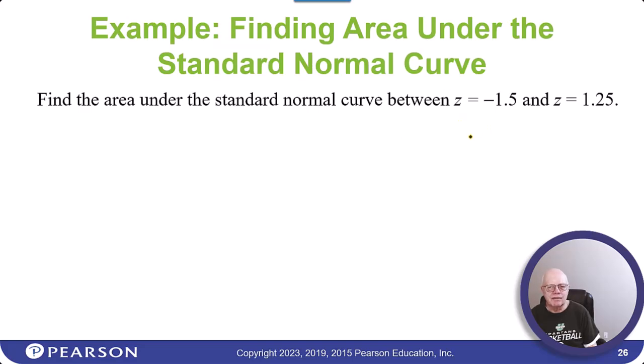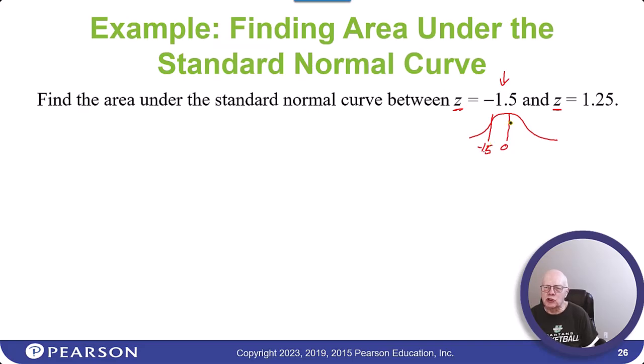Draw that curve. Doesn't have to be terrific. Zero's in the middle because we're talking about z's. We'll have others later, but we're sticking with z's for the time being to make it easy. Now, where do we want to go? We want to start at negative 1.5. That'll be over here somewhere. We don't care, we just want a pictorial representation.